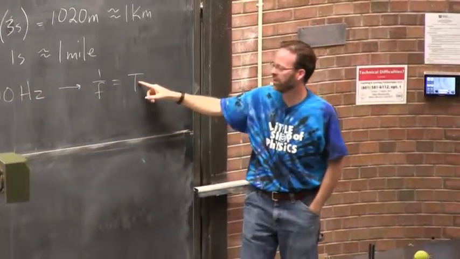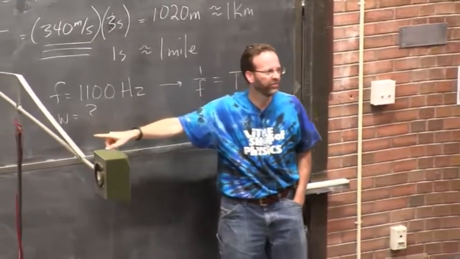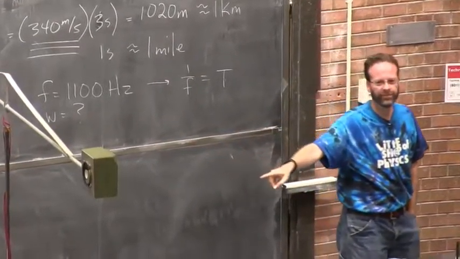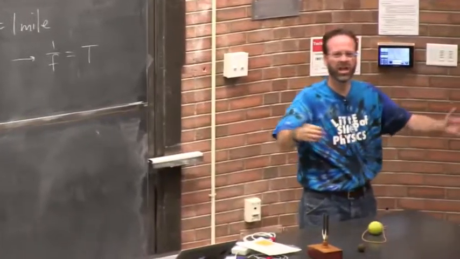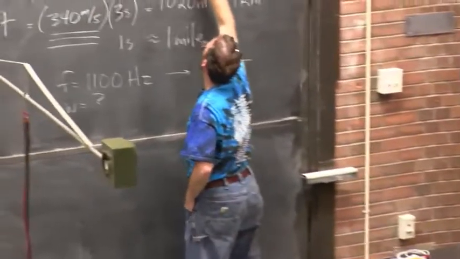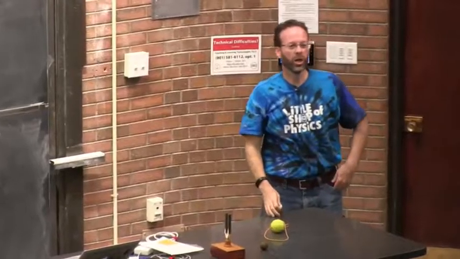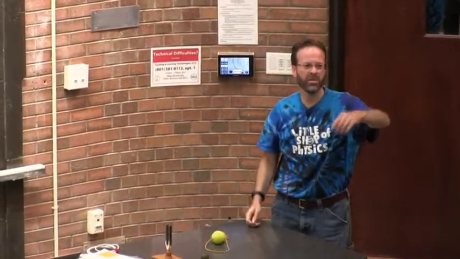How would that get us the wavelength? I want to know the size of the wave. I'm picturing a wave traveling. How big is it? There you go. We could measure the distance that it travels and time how long it takes to get to you. There's an easier way.